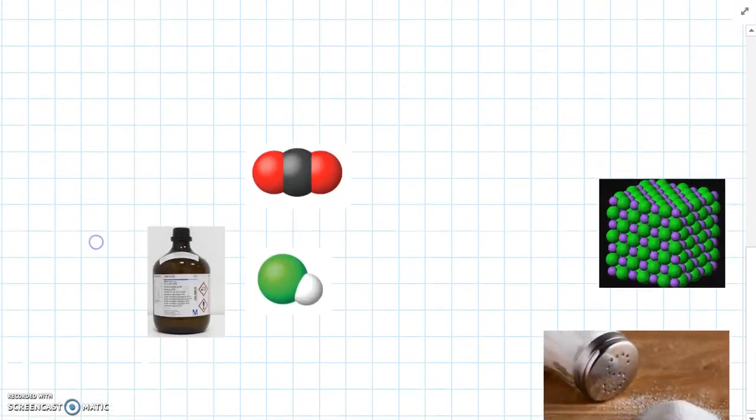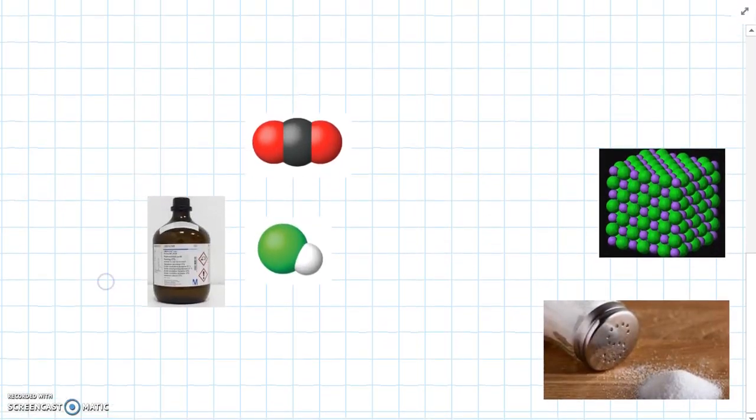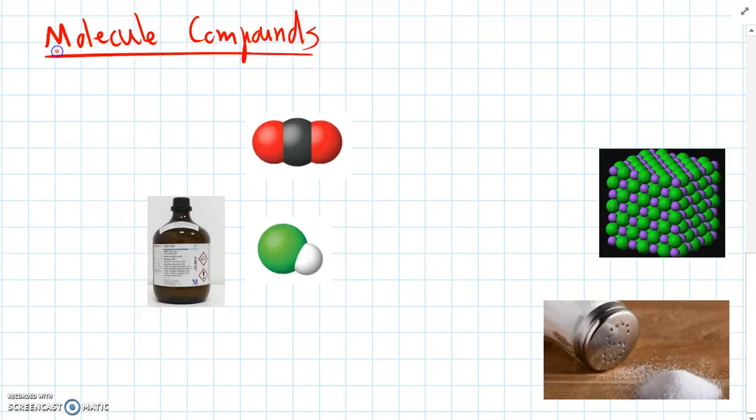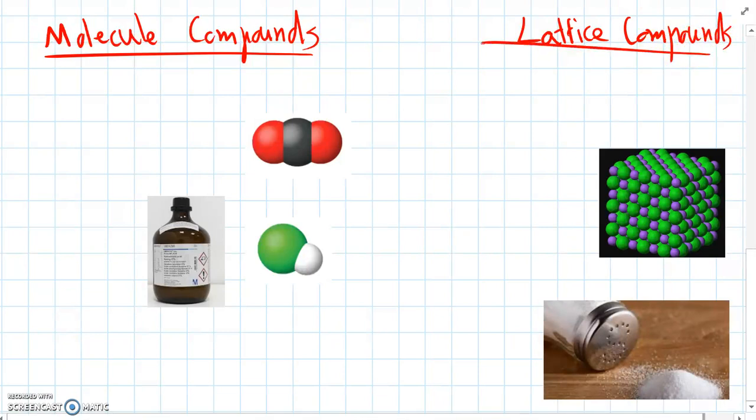So out of those compounds, there are actually two main different types of compounds. The first type are molecule compounds, and the other ones are lattice compounds. So this is similar to the different types of elements that there can be.